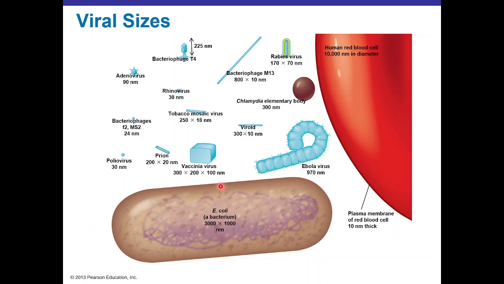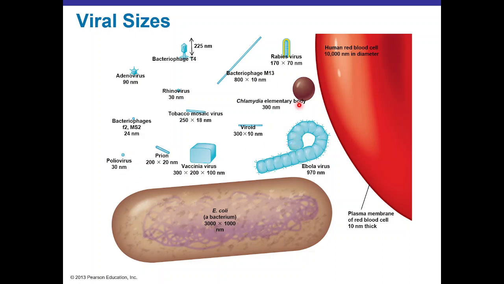We have one of the largest viruses, the Ebola virus, that measures 970 nanometers, which is not as big as E. coli. And then we have others like picornavirus, the family of polioviruses, which measure 30 nanometers in diameter.